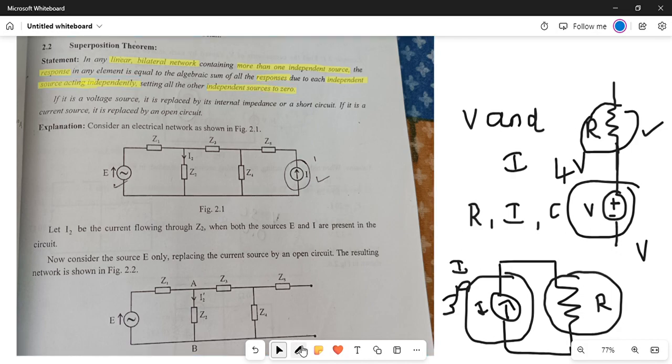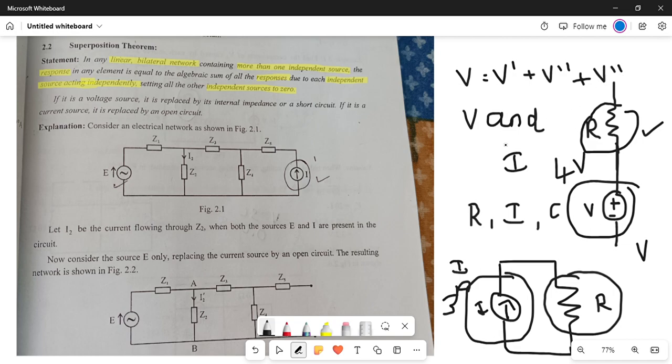Okay, for example, if you want your V, what is your V? Your V is equal to V' plus V'' plus V''' and so on. That means if you need a voltage or current flowing in an element, it equals the algebraic sum of all the voltages or currents flowing across the individual element.